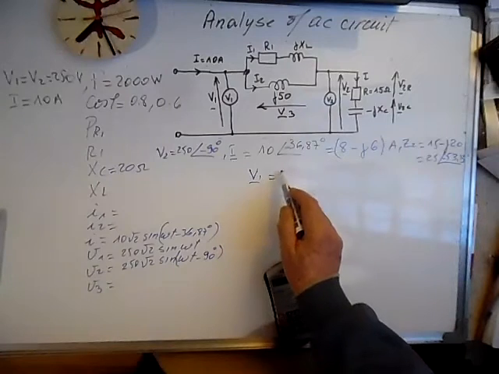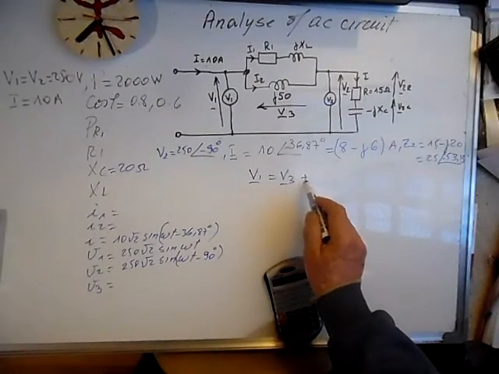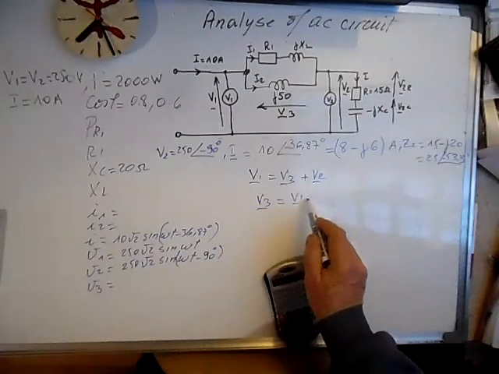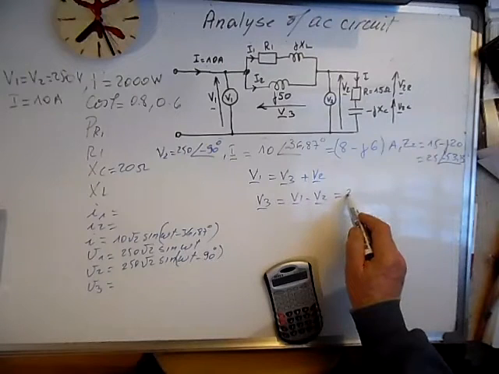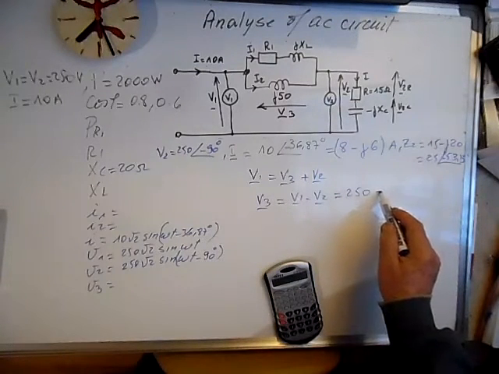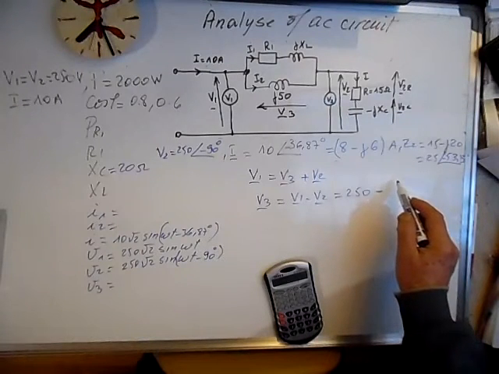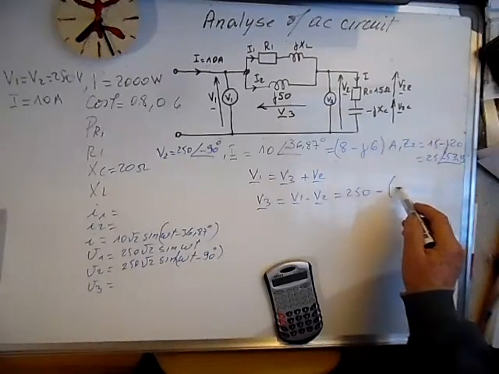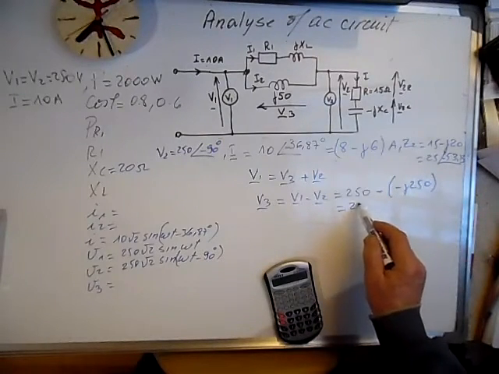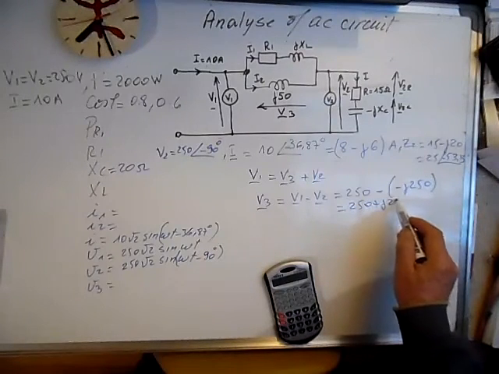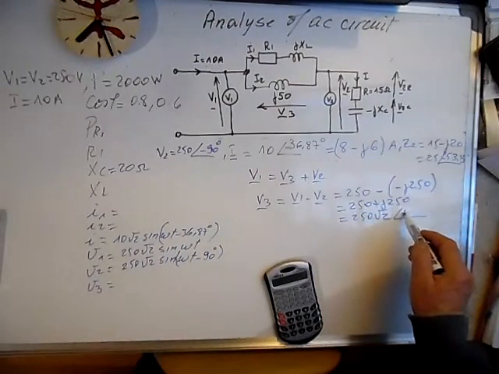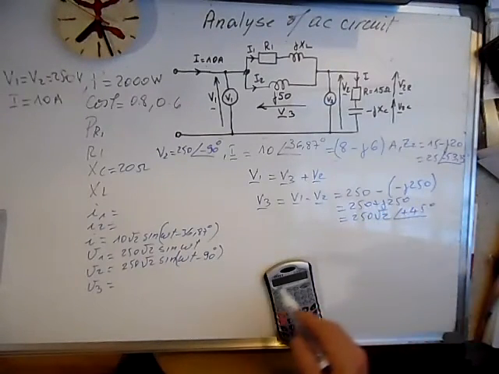Kirchhoff's law, V1 is equal to V3 plus V2. V3 is equal to V1 minus V2. V1 is 250 plus j0 minus V2, which is equal to minus j250, and this is 250 plus j250, and it's 250 square root of 2, and here plus 45 degrees.